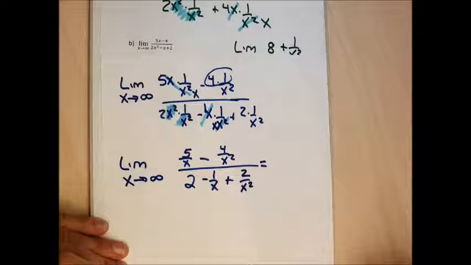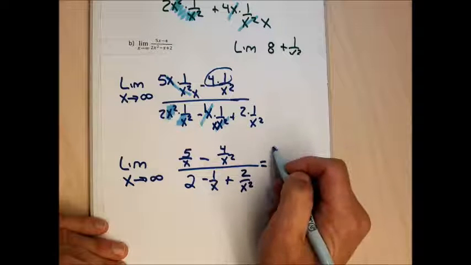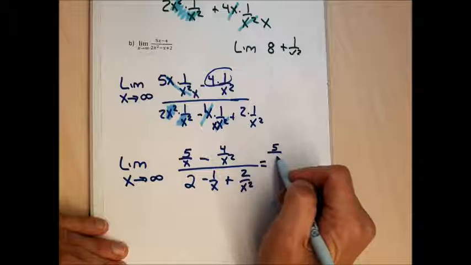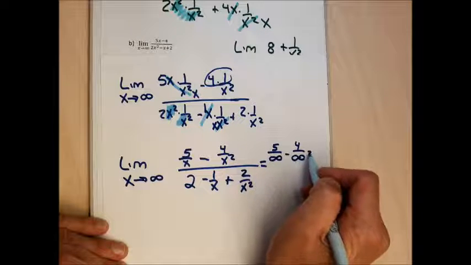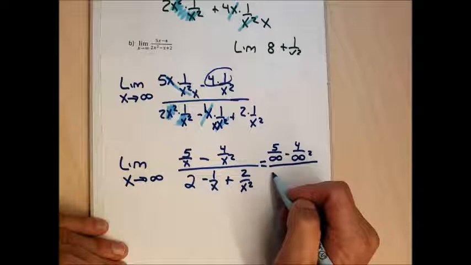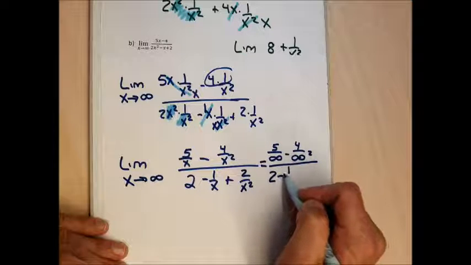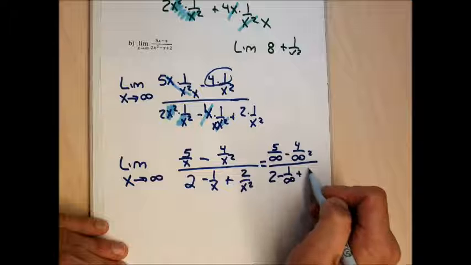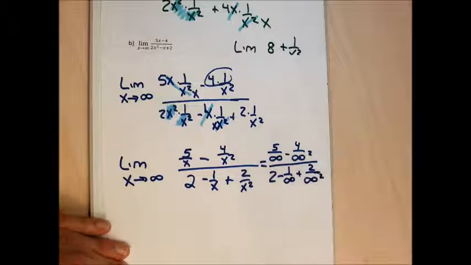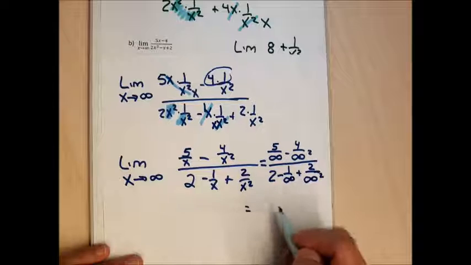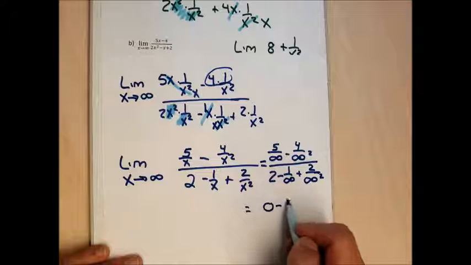Now I can plug in infinity for all of the x's. So it's 5 over infinity minus 4 over infinity squared for the numerator, and then 2 minus 1 over infinity plus 2 over infinity squared for the denominator. All the fractions that have infinities in the denominator are equal to 0.